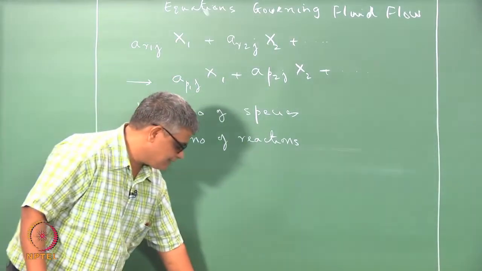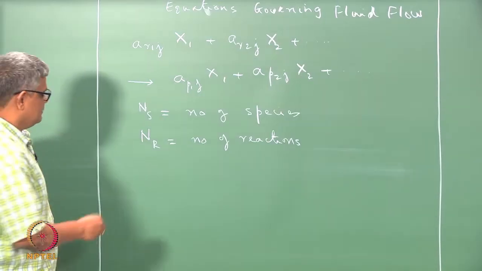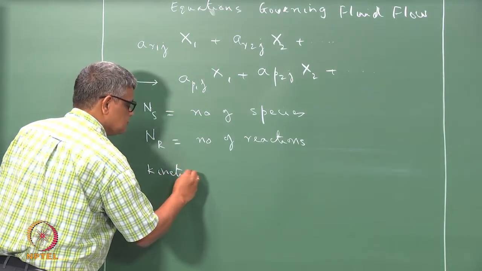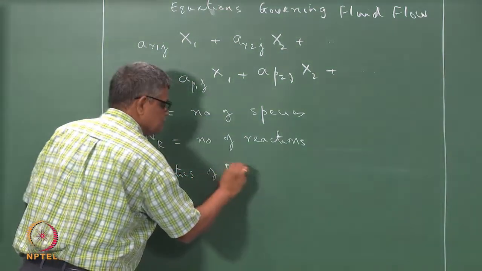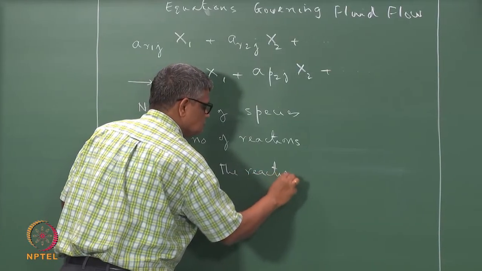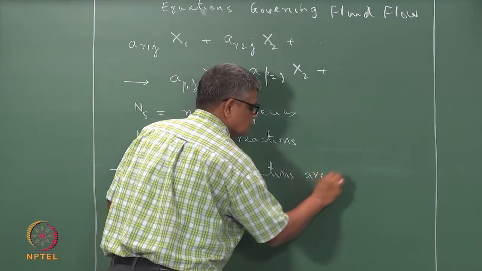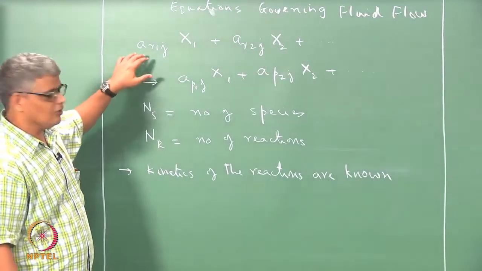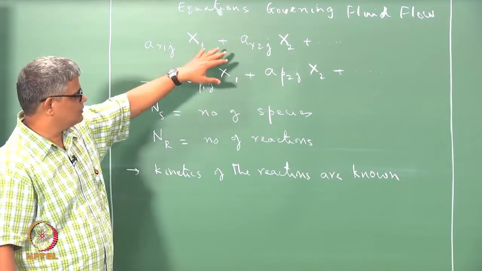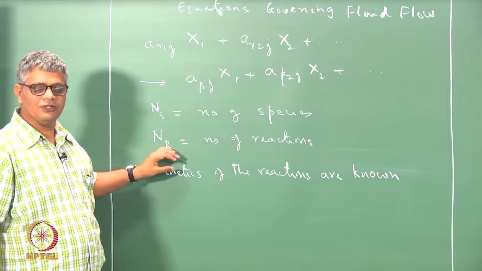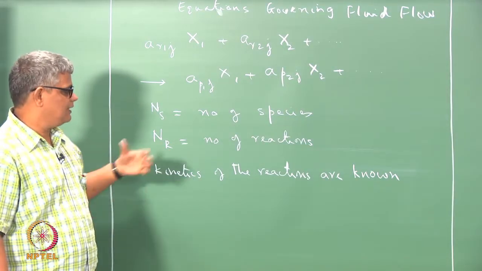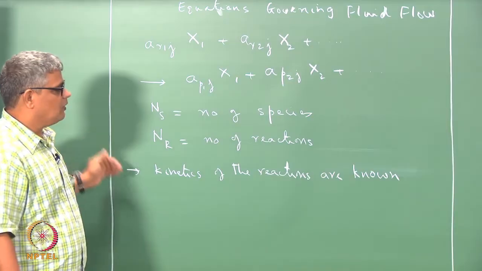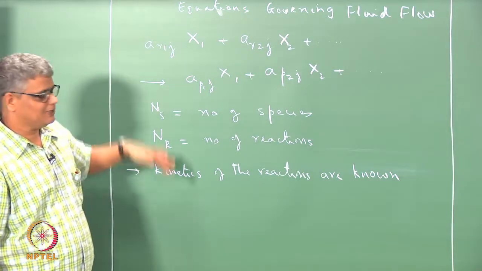This is a general scheme, and in this we are assuming that the kinetics of the reaction scheme are known. All the kinetic constants, along with the stoichiometric coefficients A's, the order of each reaction, and the constants involved in the rate expressions, are known and are part of the problem specification here.